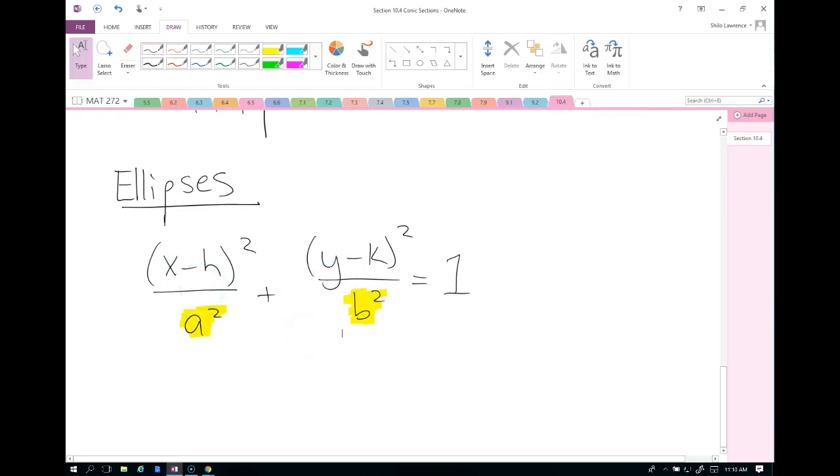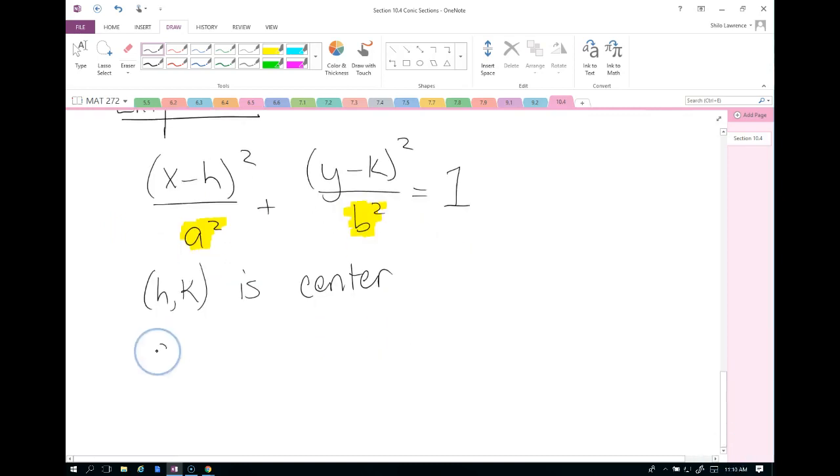So h, k is still the center. The a value is how far we move horizontally from the center. And I know it's the horizontal distance because it's the value that's under my x, and x is the horizontal axis.